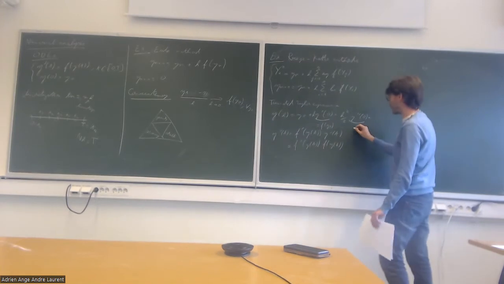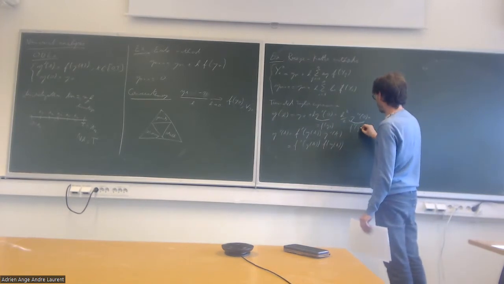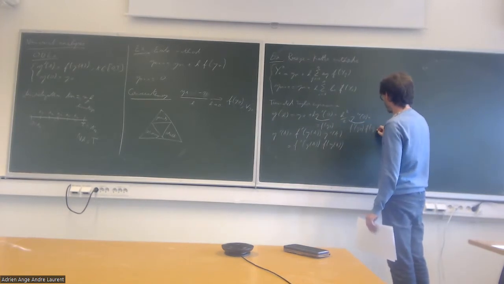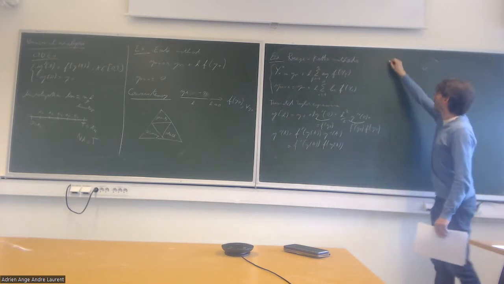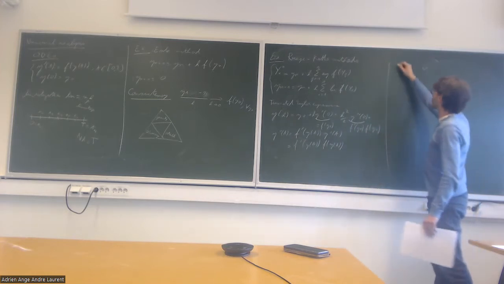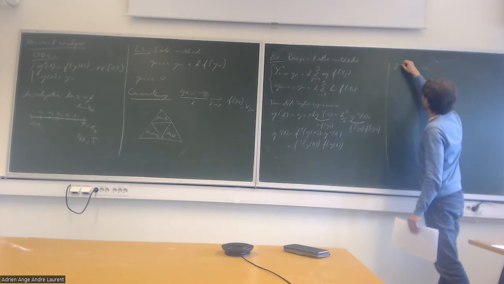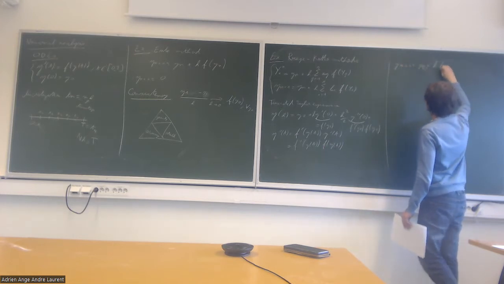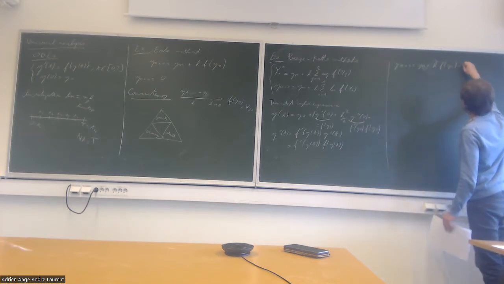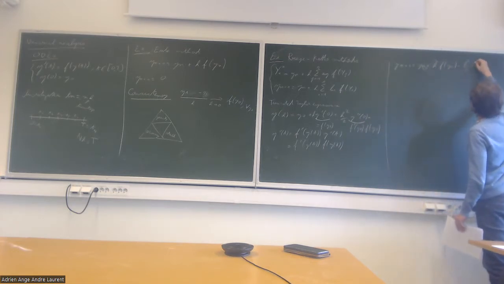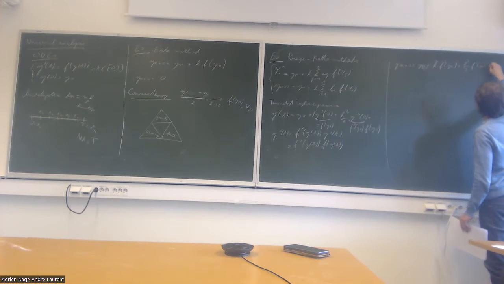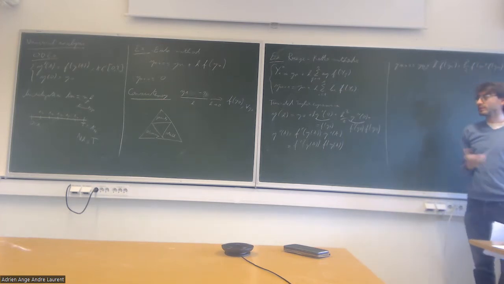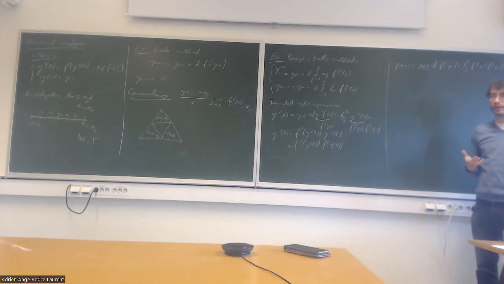So here we can just replace that by f prime of y0 times f of y0. And then, well, you could say, I define my method as y_{n+1} equals y_n plus h f of y_n plus h squared over 2 f prime of y_n times f of y_n. And this is a method that seems accurate, and I can do this for any order.